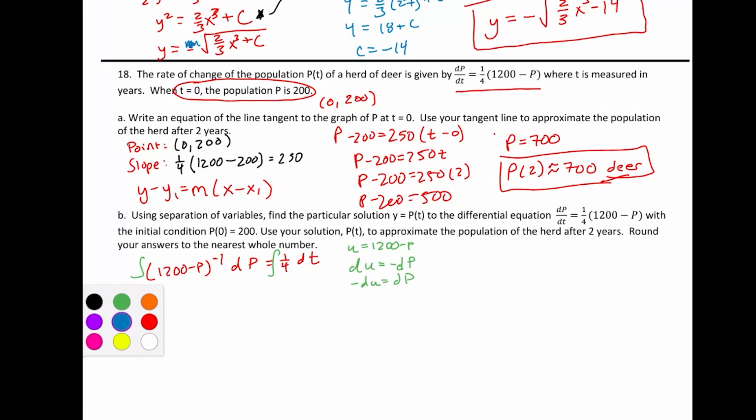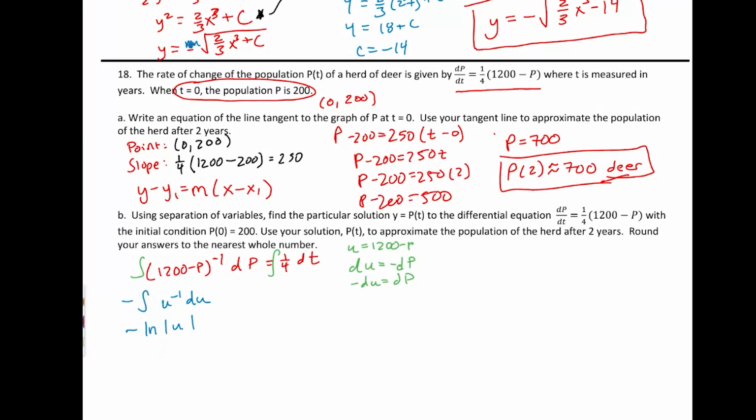So on the left-hand side, this will be the integral of u to the negative 1 times negative 1 du. Now, the integral of u to the negative 1, this is something we've done many times, is the natural log of the absolute value of u. So I've got negative the natural log of the absolute value of u, and then of course there'd be a plus C, but I'm going to hang on to that.